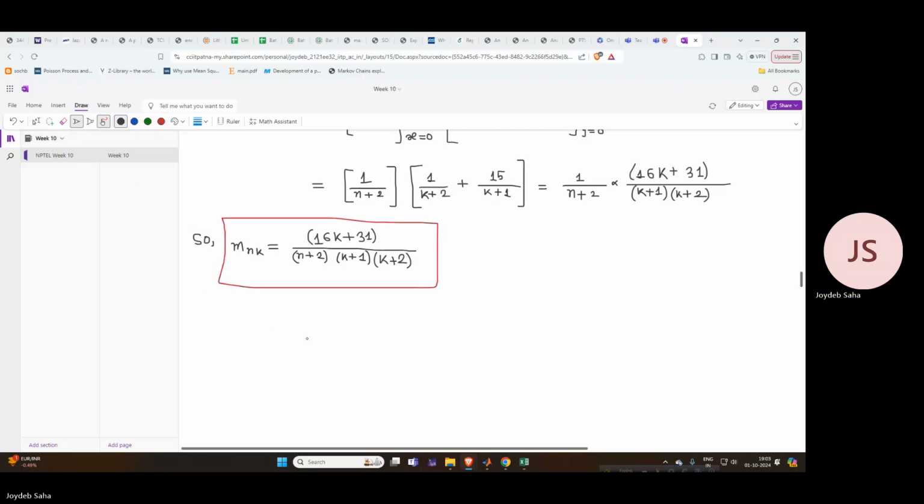Okay, for n, k is equal to 0, 1, 2 and so on.